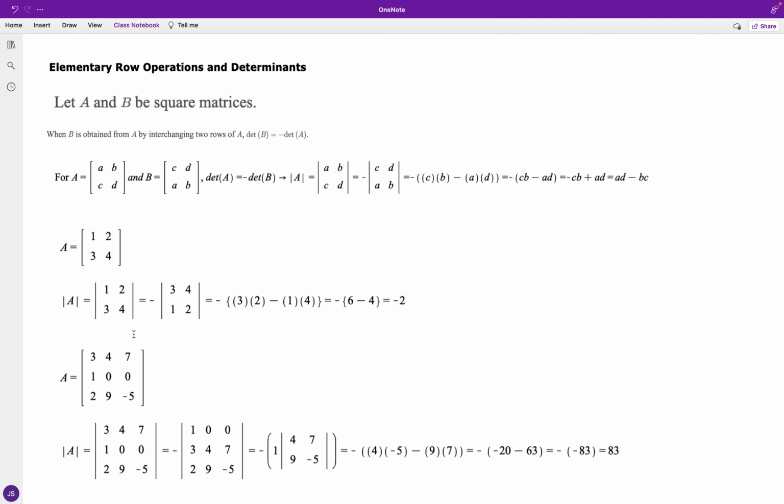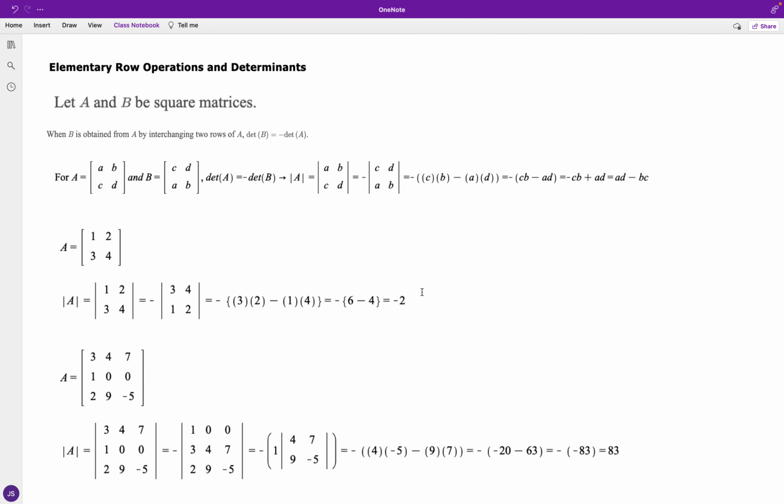But through the perspective of putting it in terms of B, where you just have the interchanging of the rows, you would apply the negative sign of the determinant, where we have 3 and 4 at the top, 1 and 2 at the bottom. Taking the cross products, we have 3 times 2 minus 1 times 4, and taking the opposite sign of the difference, that comes out to negative 2.